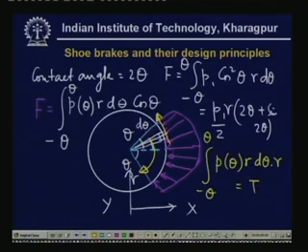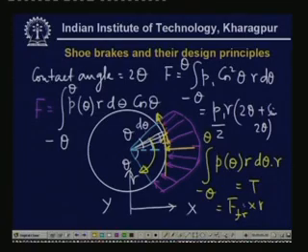And if you consider that, instead of this distributed friction force, this friction force acts as a concentrated force, then it must act over here, because the concentrated force due to this pressure is acting along this direction. So the concentrated friction force must act over here, and the value of the concentrated friction force is F friction times R, because they should give the same amount of frictional torque.